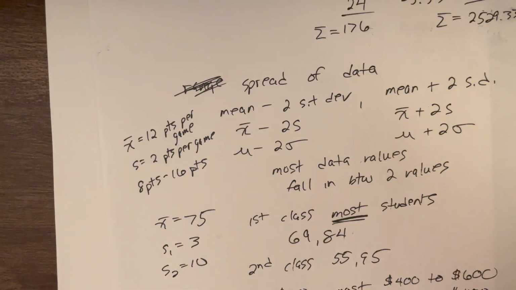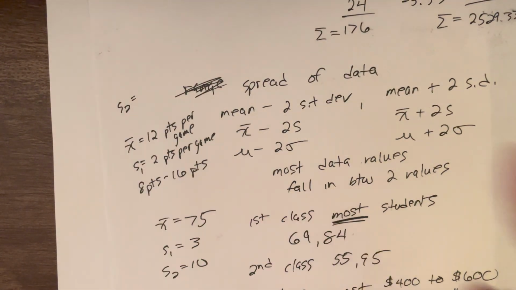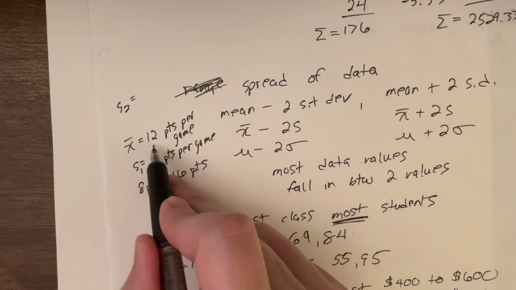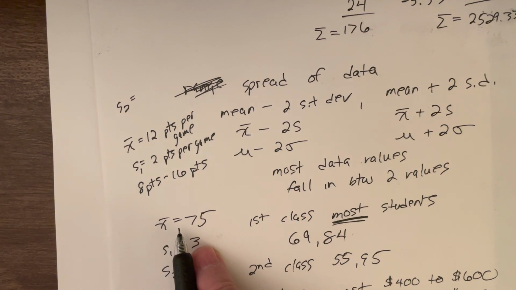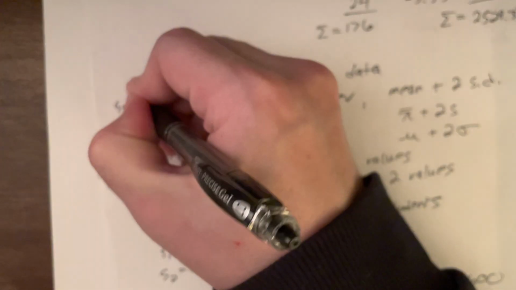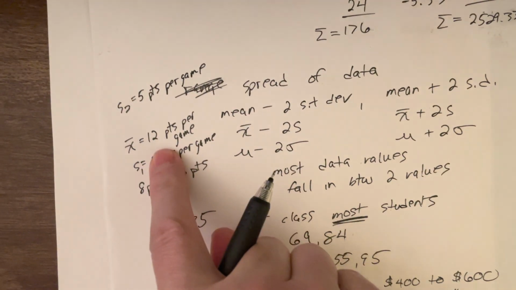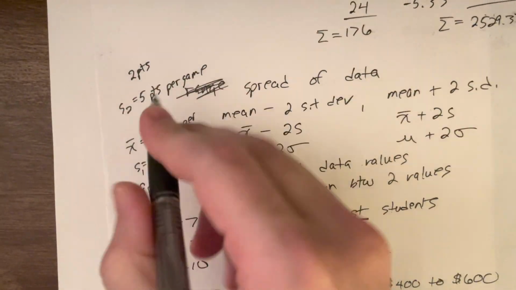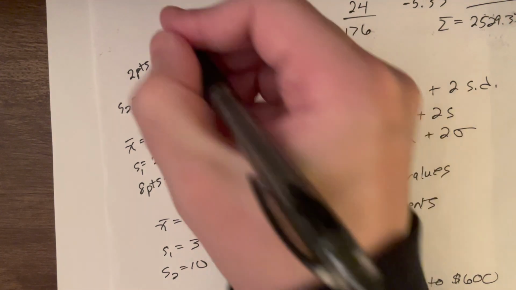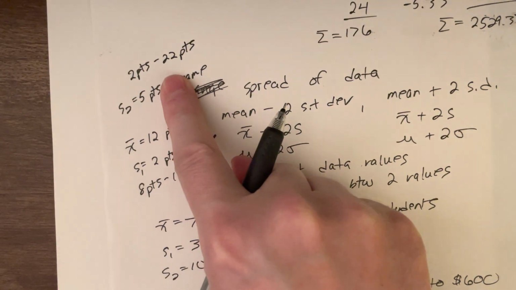Versus, let's pretend we had a second player, so I'll write standard deviation number 2. This guy also averages 12 points. Again, I'm doing the same thing I did here. We don't have to have the same mean, but I'm just trying to get the idea of the spread. So if a second guy had a standard deviation of 5 points per game, but also averaged 12, we go 2 standard deviations below: subtract 5 twice and you get 2, and then add 5 twice and you'd get 22.